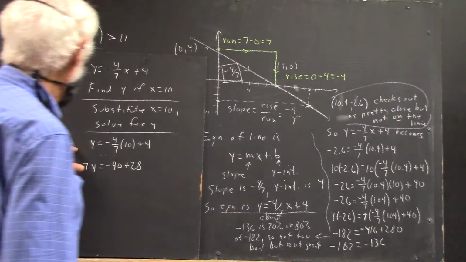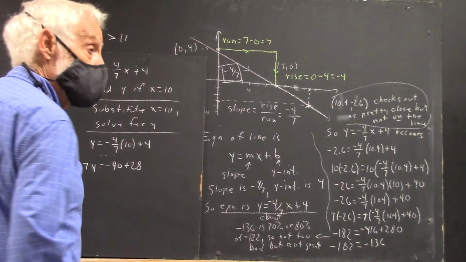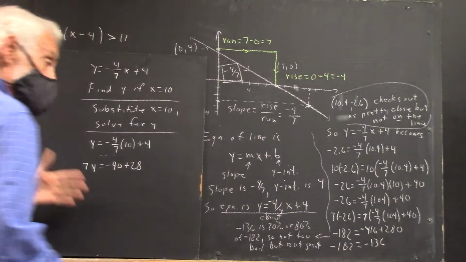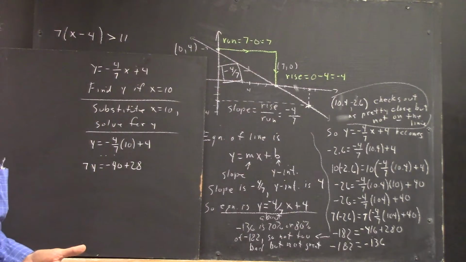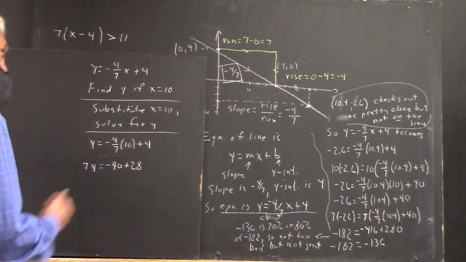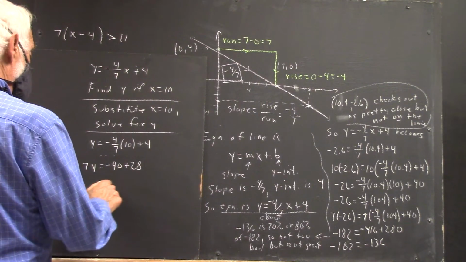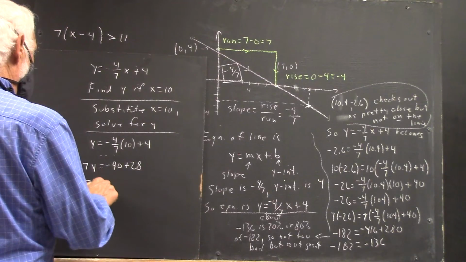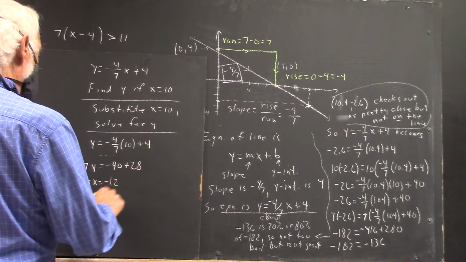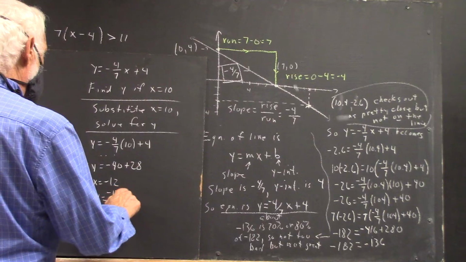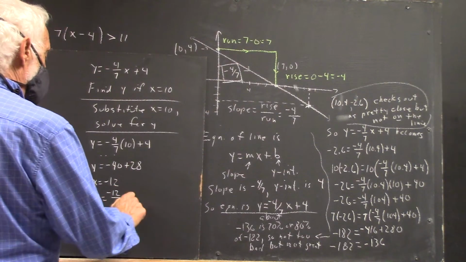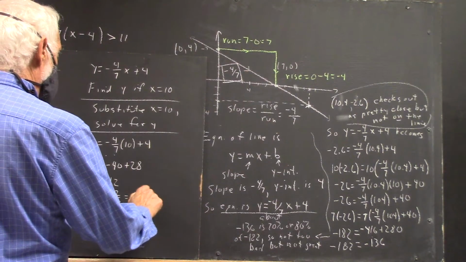So it'd be 7 times this and 7 times this whole thing in parentheses. If I did this right, you can always check me, then you're going to get this. So 7y equals -12, y equals -12 over 7, which is -1 5/7.